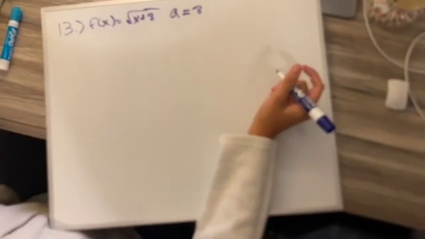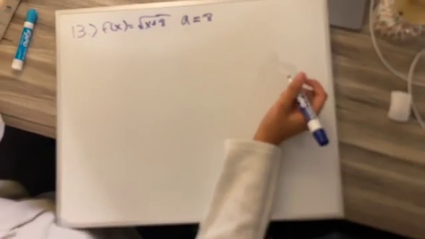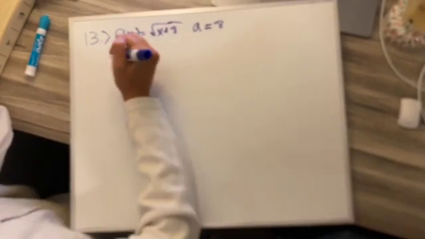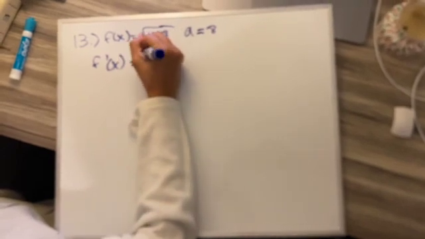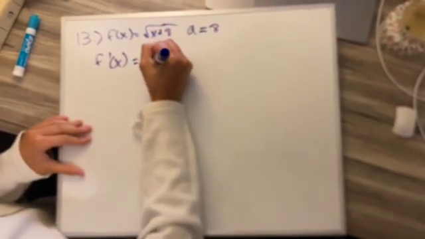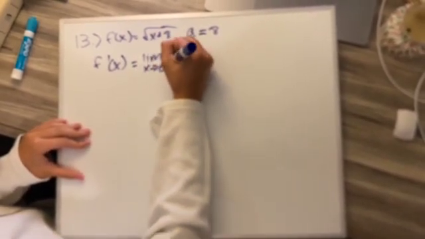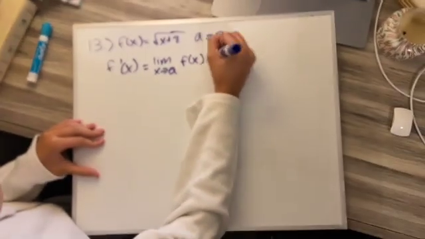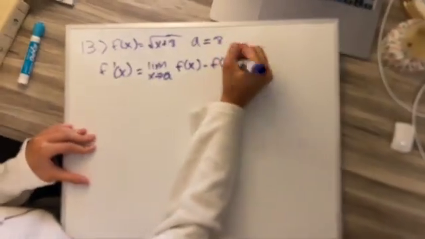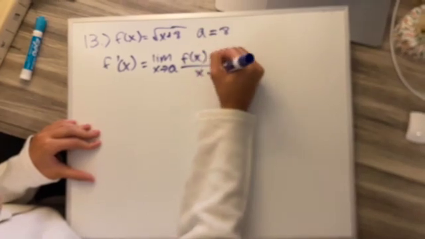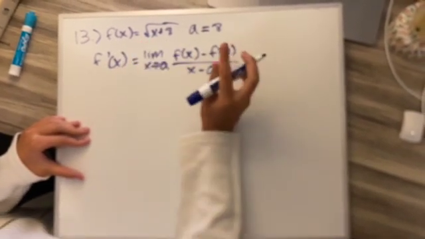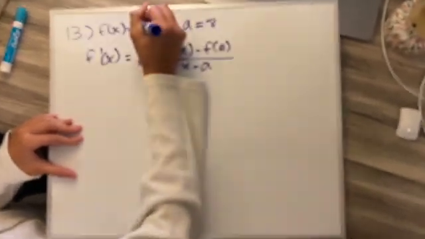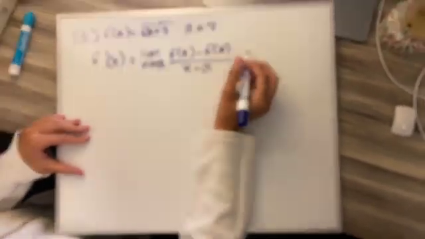Okay, so this is number 13, and they're asking us to find the limit definition of the derivative. So the limit definition of the derivative is f prime of x equals the limit as x approaches a of f of x minus f of a over x minus a. So then we just plug in the value that they give us, which is f of x equals the square root of 7x plus 8.